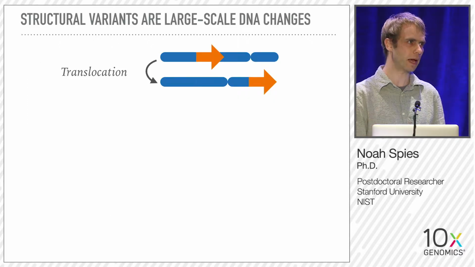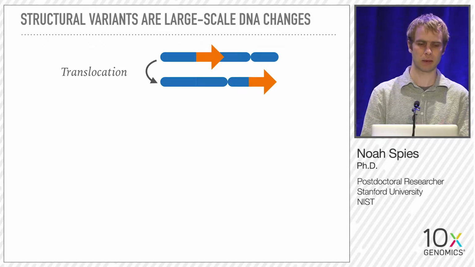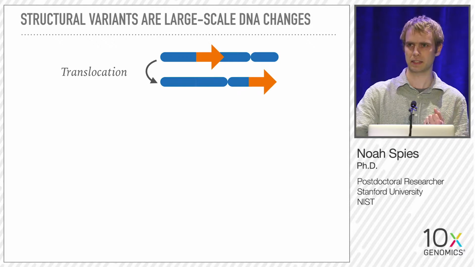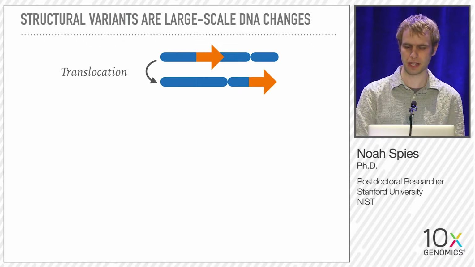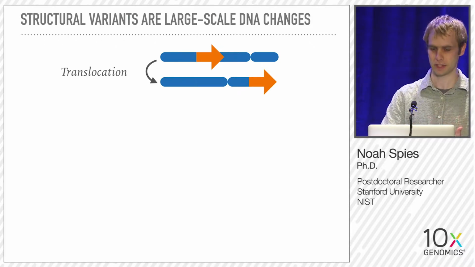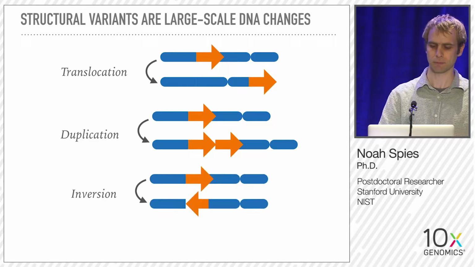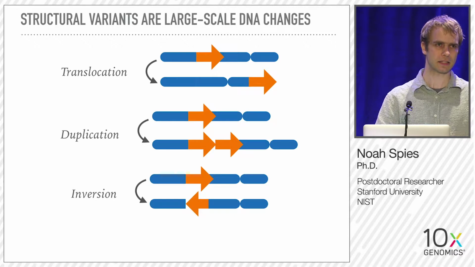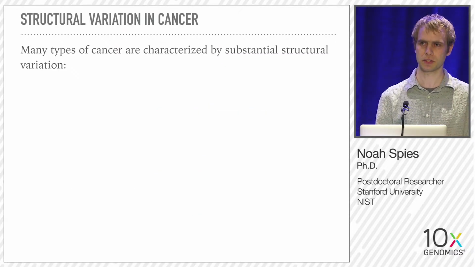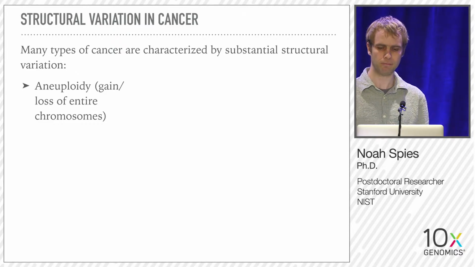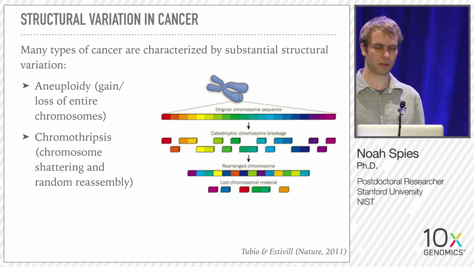So just a little bit of background on structural variants. These are simply defined as large-scale DNA changes. For example, translocation of a piece of DNA from one chromosome to another, or duplication, or an inversion. And in cancer, we get some really extreme examples of structural variation, including aneuploidy, as well as chromothripsis.